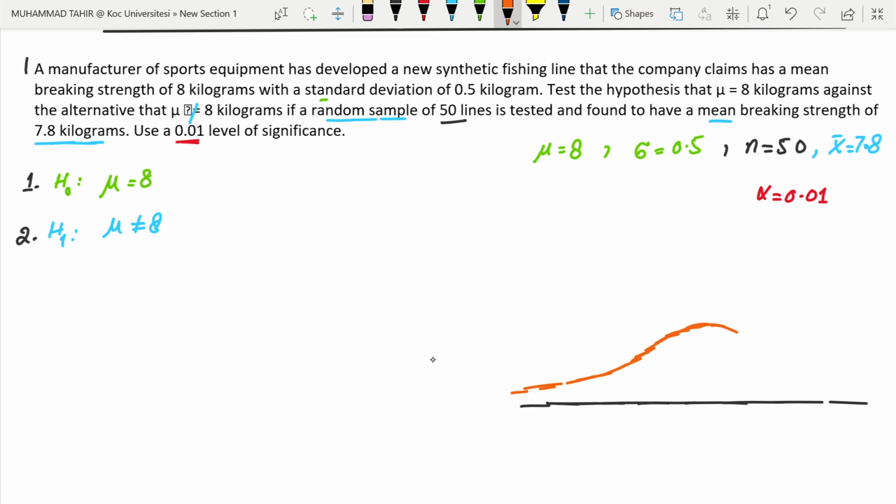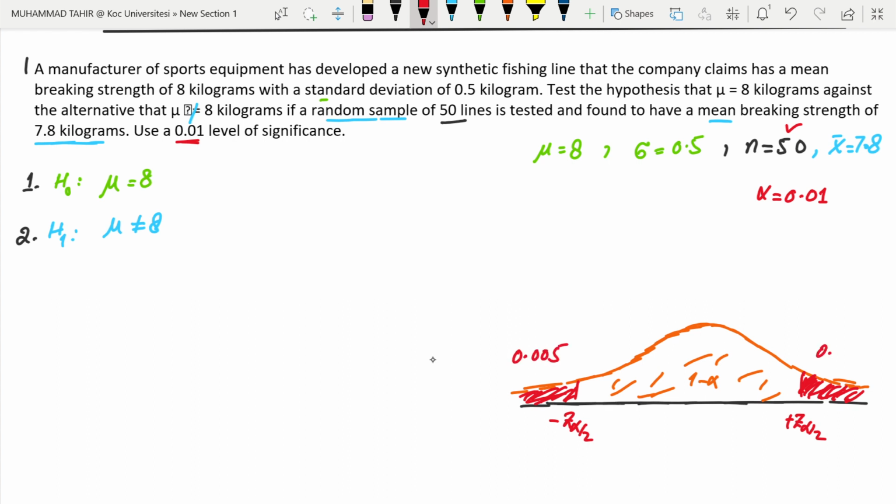Okay, because it's not equal, I will perform two tail test. और z होगा या t होगा, डिस्ट्रीब्यूशन कौन सी यूज करेंगे, because n is greater than 30 we are going to use z. टू टेल्स है, अंदर जो होगा रीजन वो 1 माइनस अल्फा होगा, और अल्फा जो है दिस रीजन इज अल्फा बाय 2 which means 0.005.